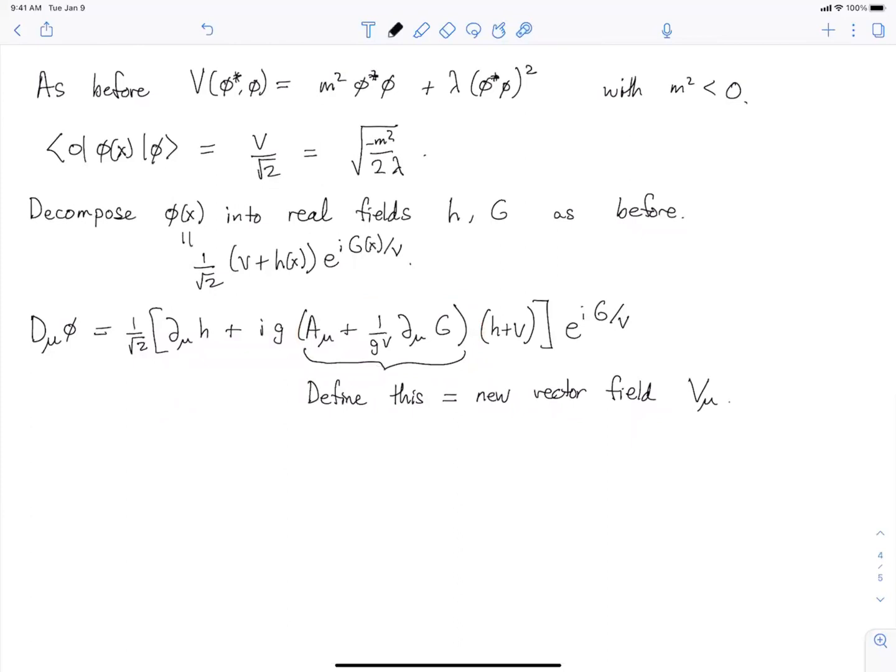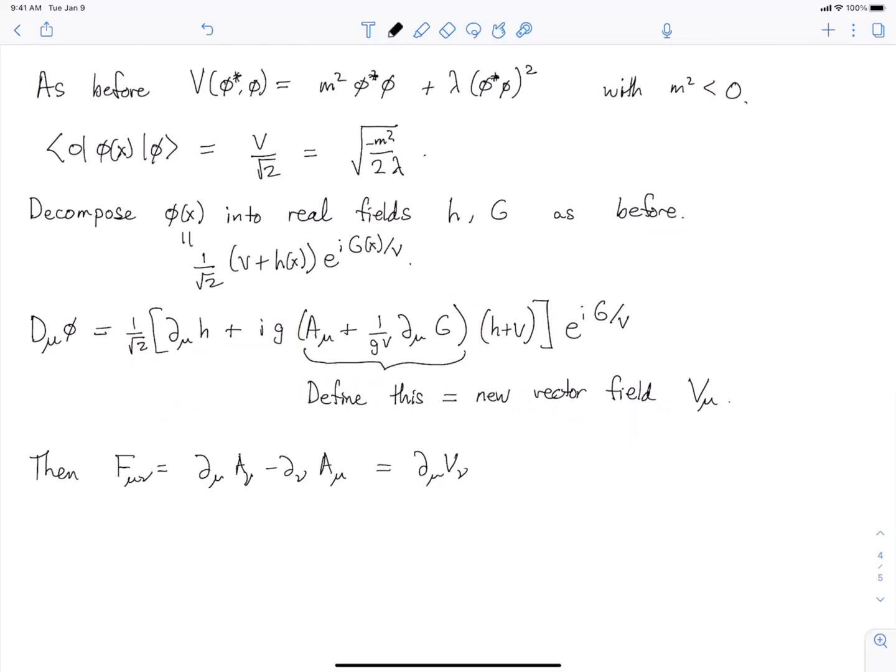And a nice thing about that is, let's say I do the same thing and consider f mu nu. Remember, f mu nu is partial mu a nu minus partial nu a mu, which turns out to be exactly the same thing in terms of v.